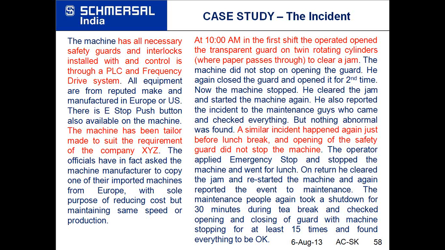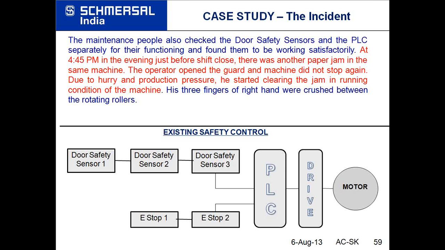They also checked the door safety sensors and the PLC separately for their function and found them working satisfactorily in that tea break time after lunch, after the second incident. At 4:45 p.m. in the evening, just before the shift closed, there was another paper jam in the same machine.